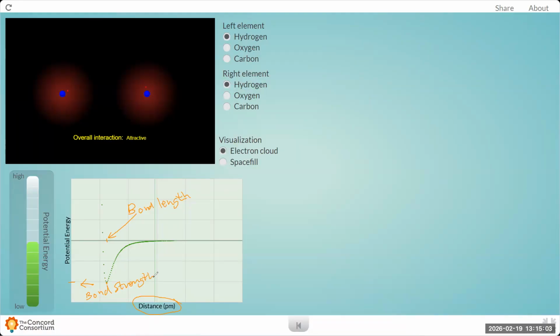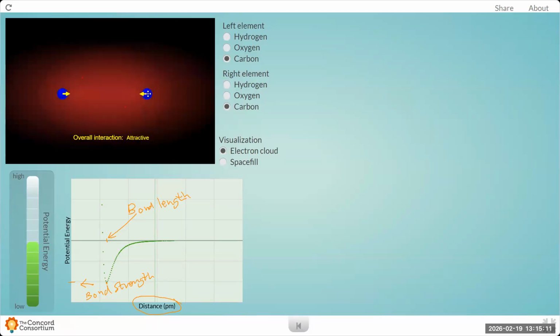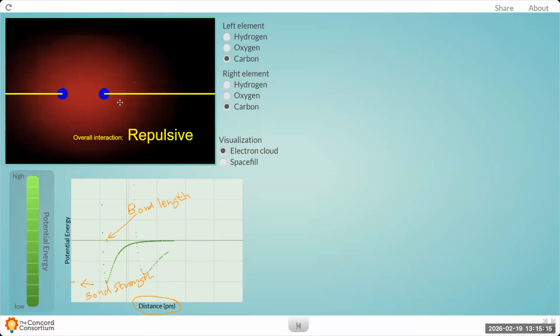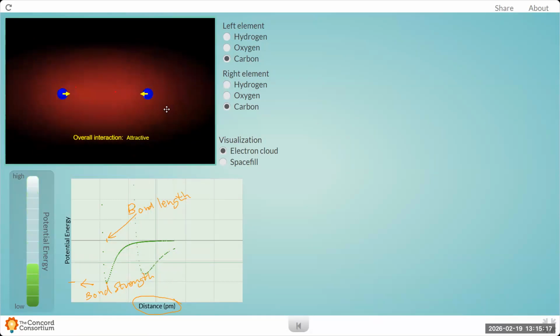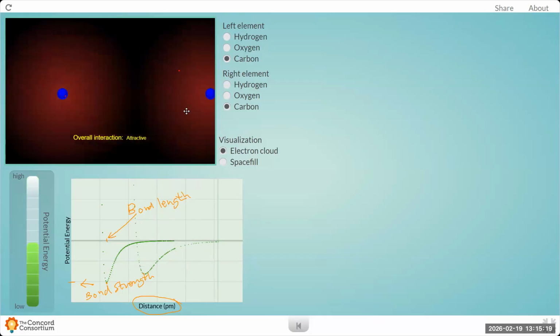Now, if we use some other atoms, let's say carbon and carbon. If I do the same thing, I got this curve instead of that. So this is for carbon and carbon.